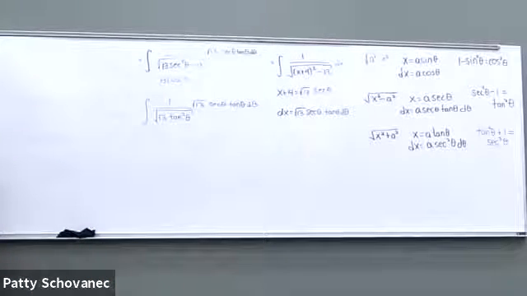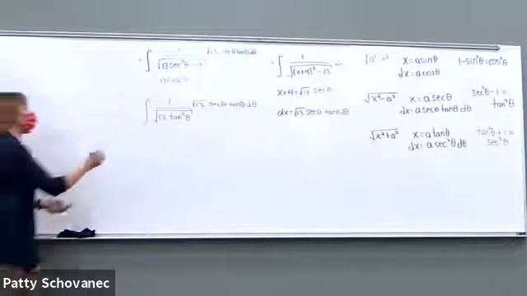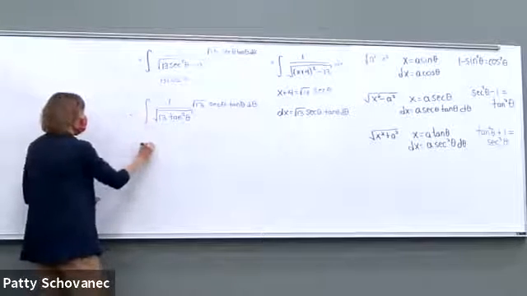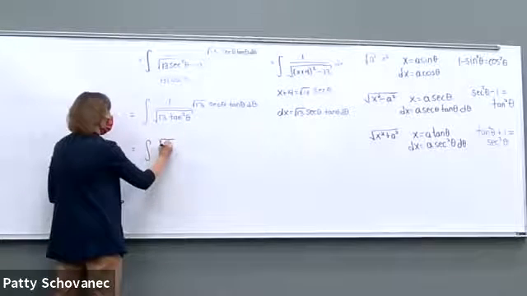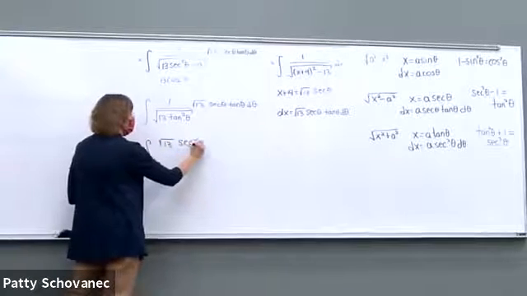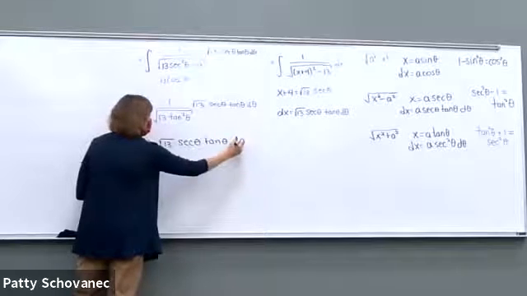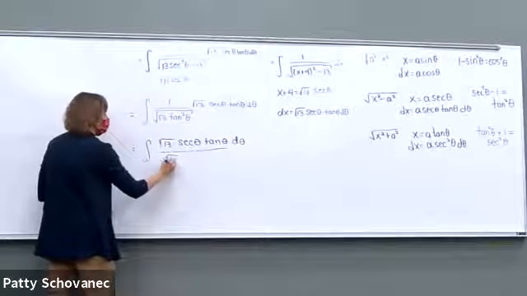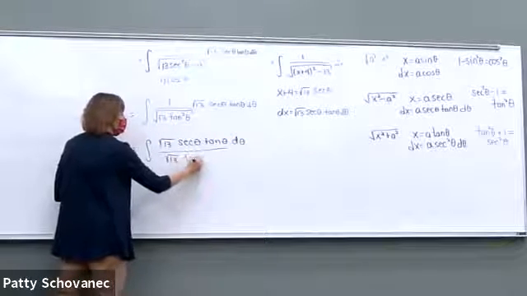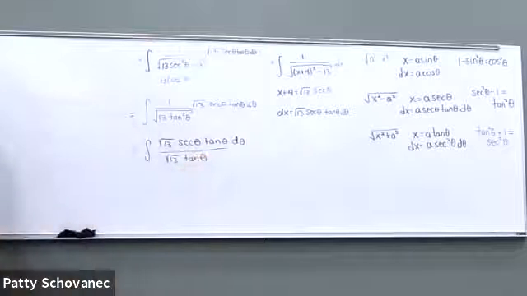So when I take the square root of that on the bottom there, I'll get a square root of 13. I'll also get a tangent that's on the bottom. I'll just move all this fraction stuff together, and you can see everything cancels but the secant of theta d theta.